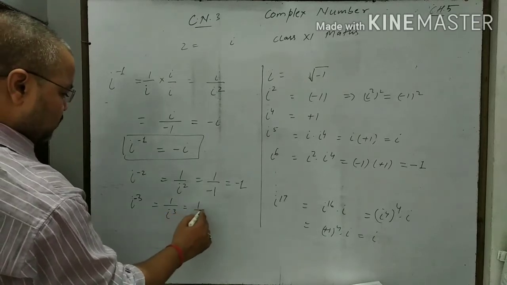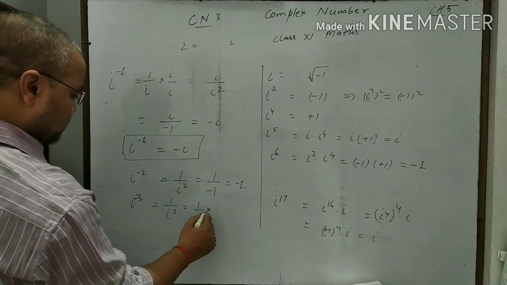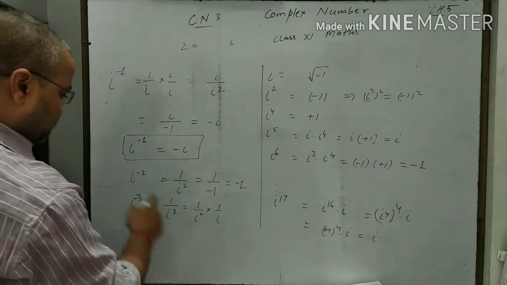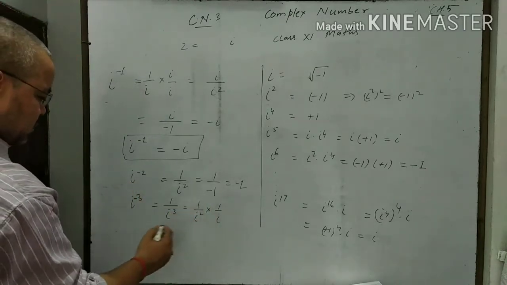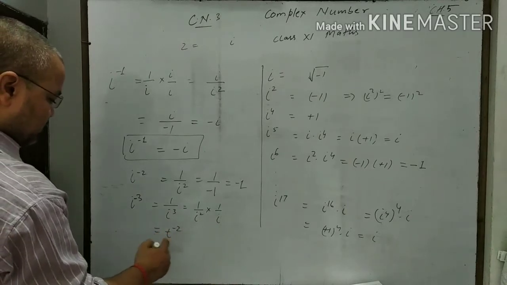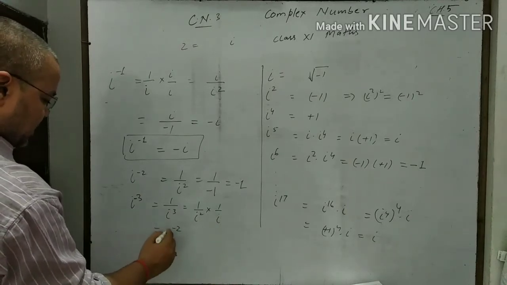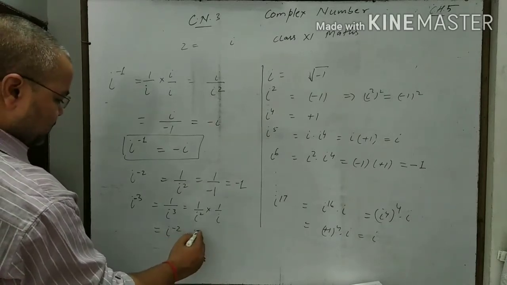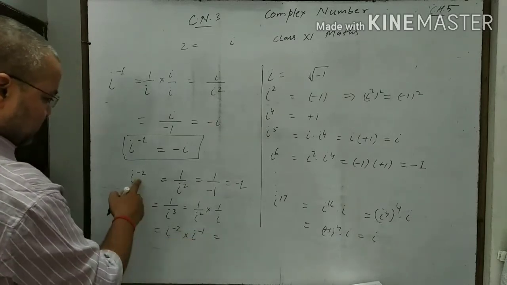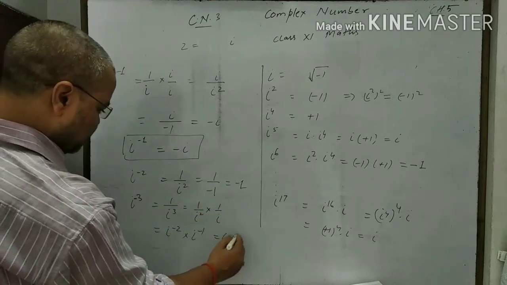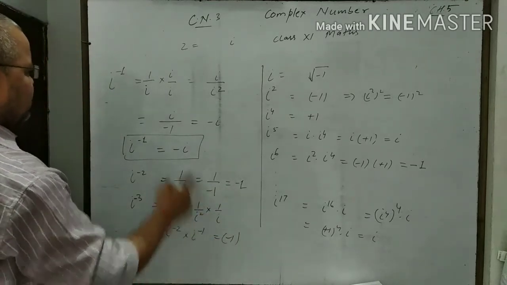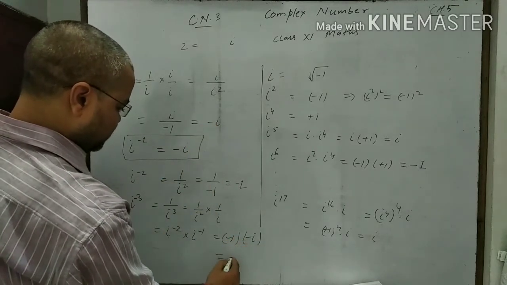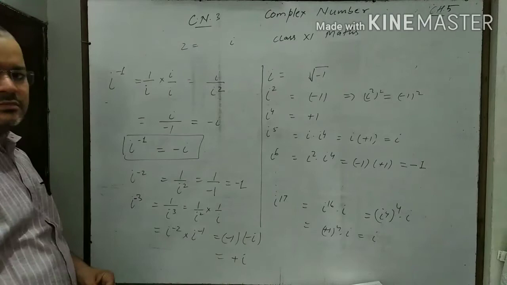It can be written as 1 upon i square into 1 by i, and 1 upon i square is i raised to the power minus 2, into i inverse. i raised to the power minus 2 is minus 1, and i raised to the power minus 1 is minus i, so it will be minus 1 times minus i, finally its value will be plus i.